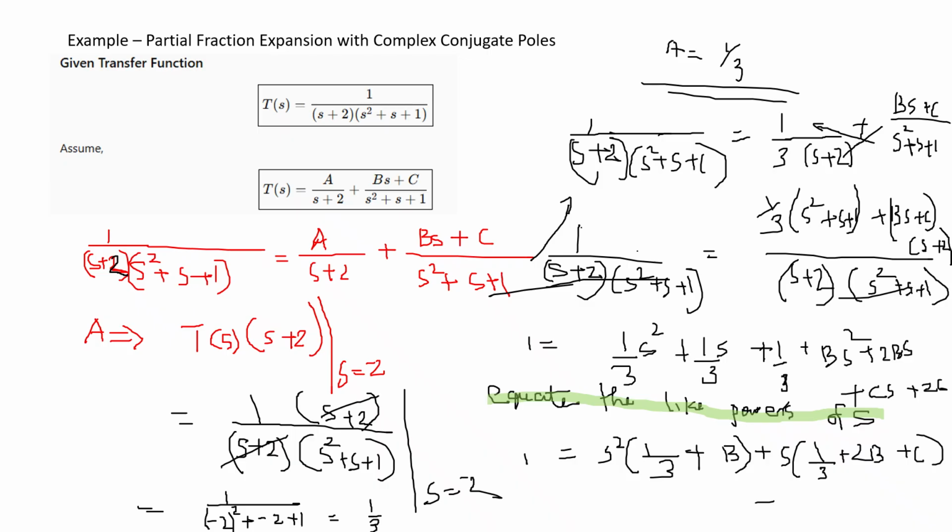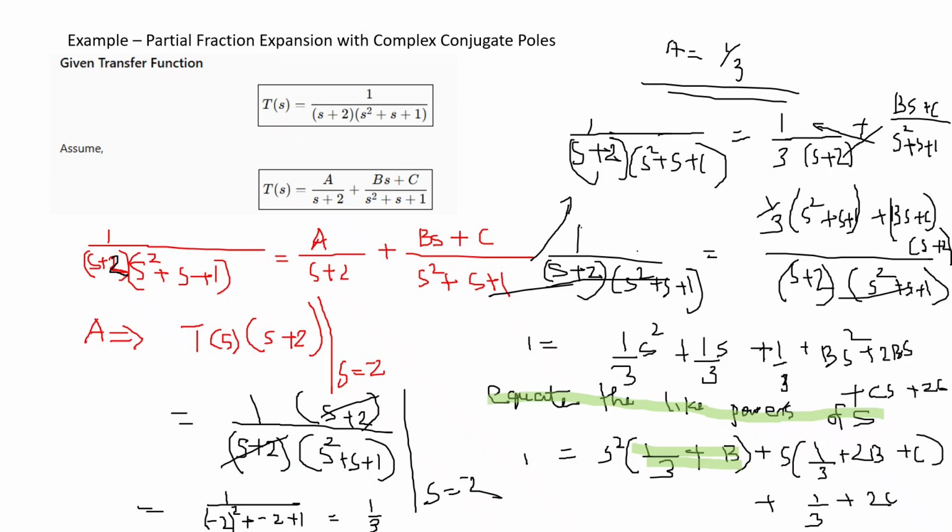again the constant terms, that is 1 by 3 plus 2c. So you have this equation where you have 1 by 3 plus b, which is equal to, you're going to bring the like terms together, right?